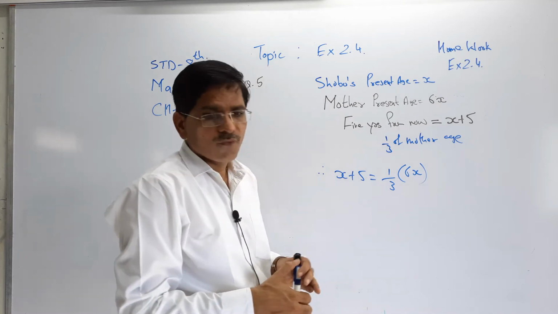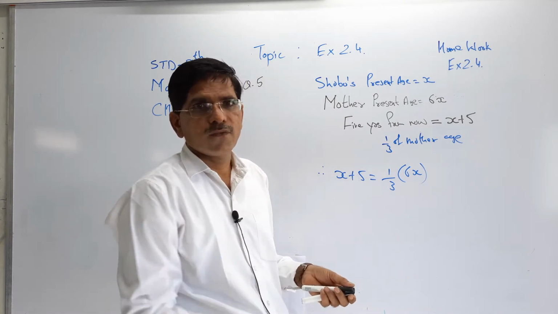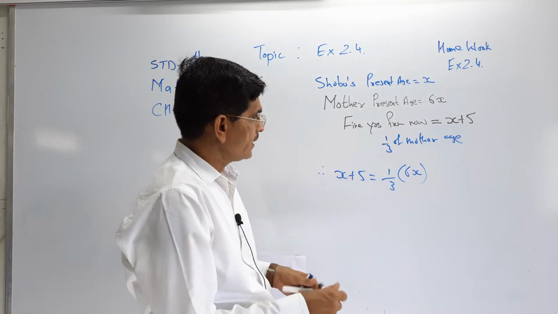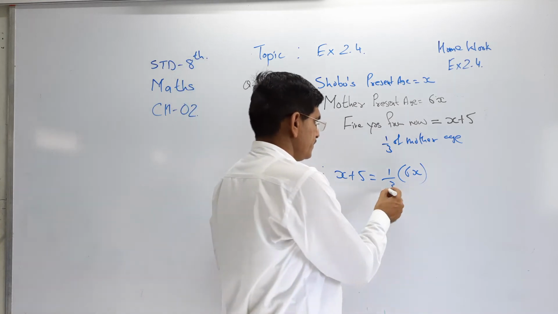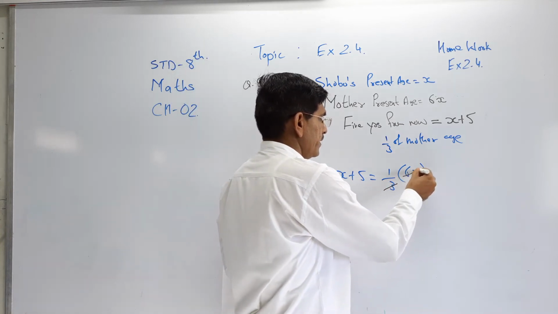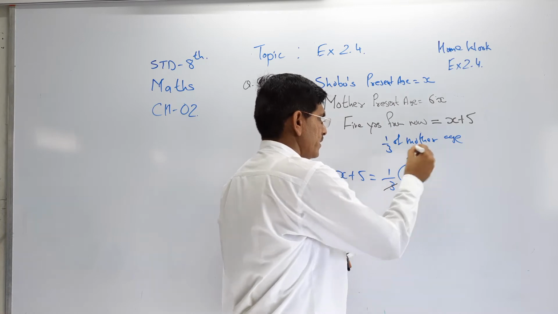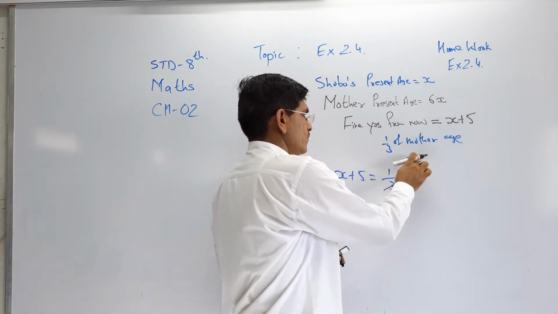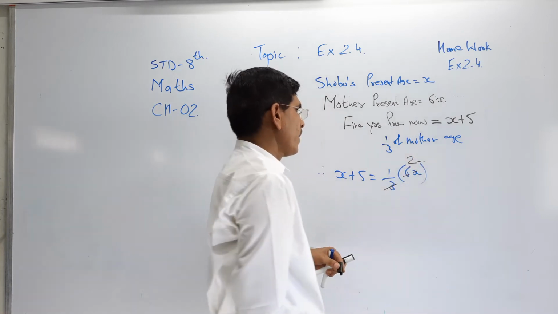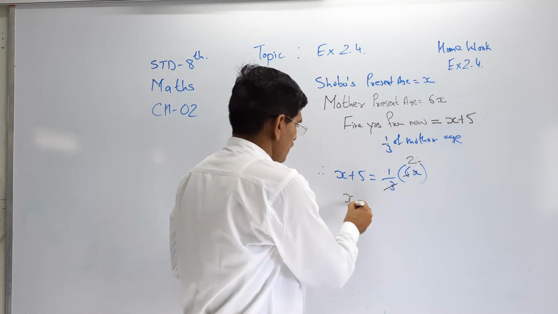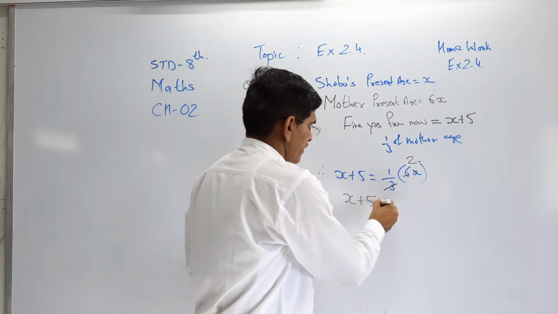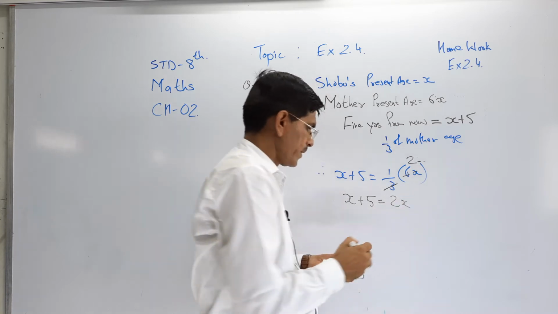Now if we simplify, by 3, 2s are 2, so here 2x.